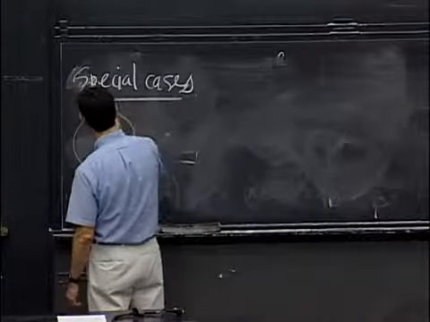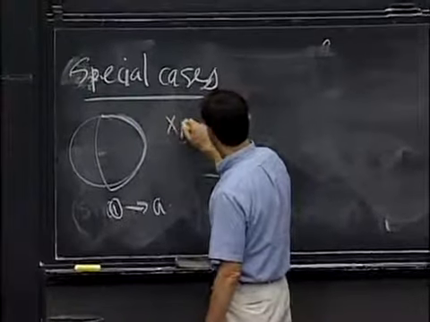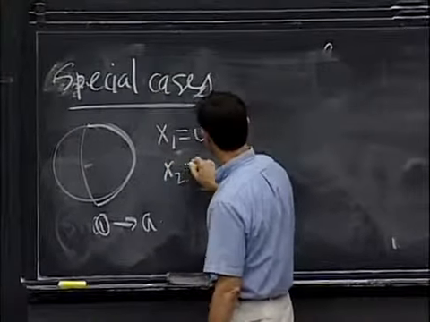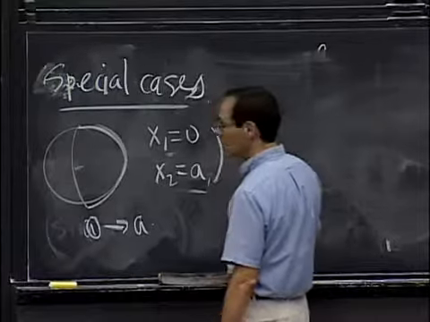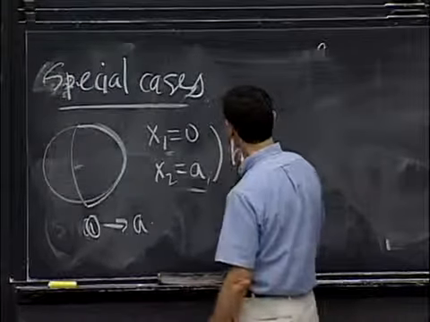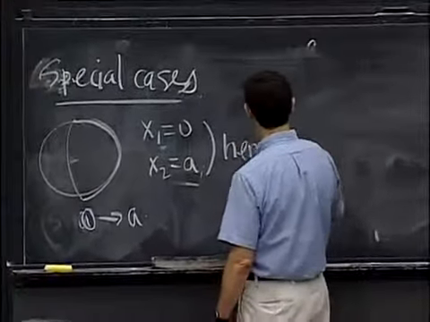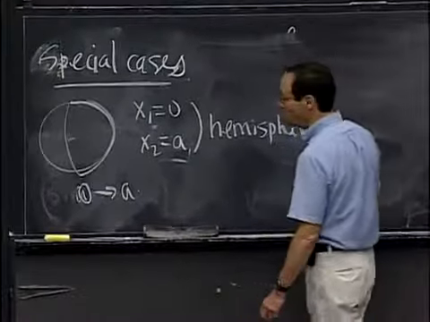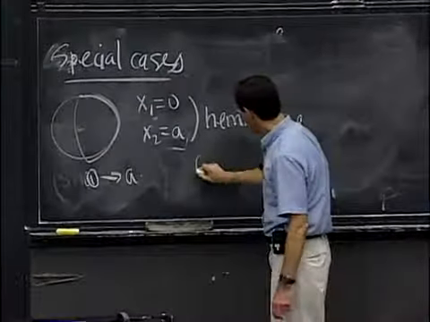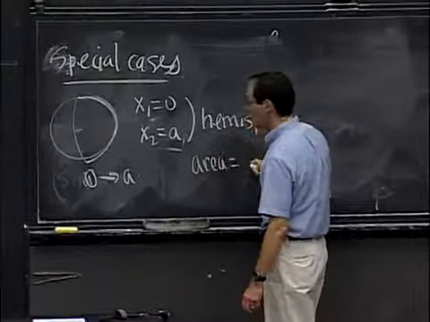So that's the integral from 0 to a. So this is the case x1 is equal to 0, x2 is equal to a. And what you're going to get is a hemisphere. And the area is 2 pi a times a, or in other words, 2 pi a squared.